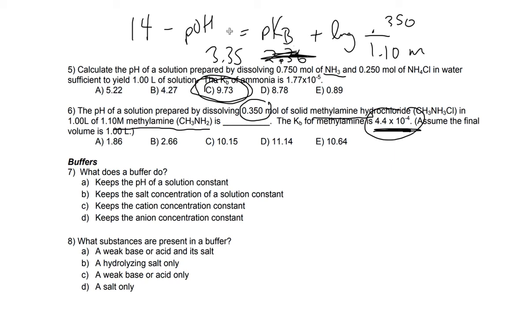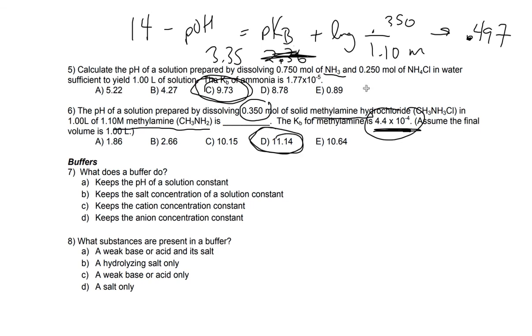There we go. So when I did this, my log, I got negative 0.497. So I add that to 3.35. That gives me 2.85.